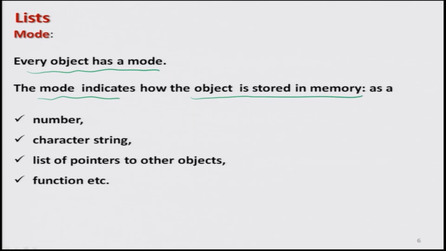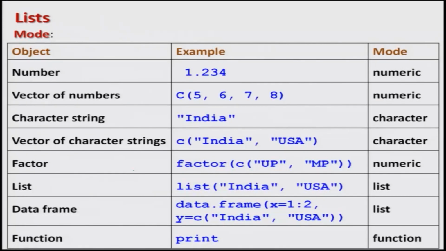For example, it can be stored as a number, as a character string, as a list of pointers to other objects, as a function, or something else also. So, whenever we are trying to use the function, let us try to understand what the different types of modes are.